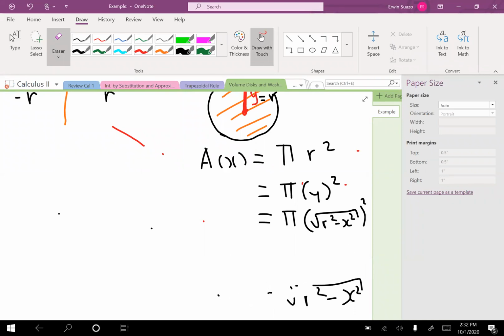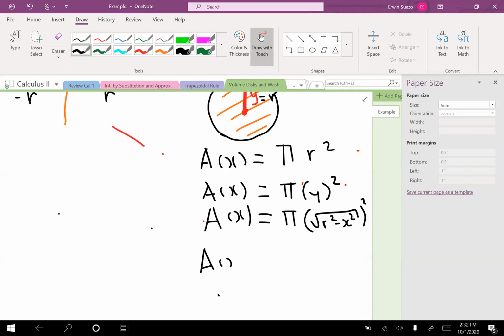So I get A of x equals pi times r squared minus x squared. Okay, so that's my A of x.